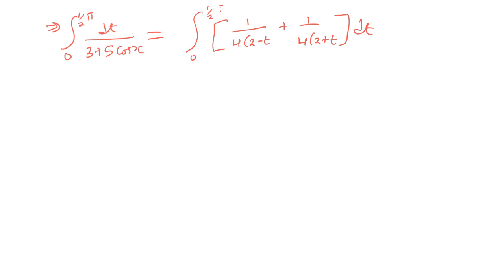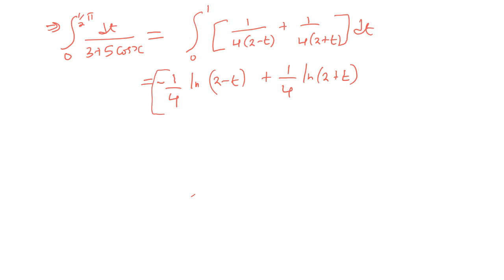So this is no longer pi, it's 1. We change the limits, remember. So what do we get? We get 1 over 4 natural logarithm of 2 minus t, that is a negative, plus 1 over 4 natural logarithm of 2 plus t.